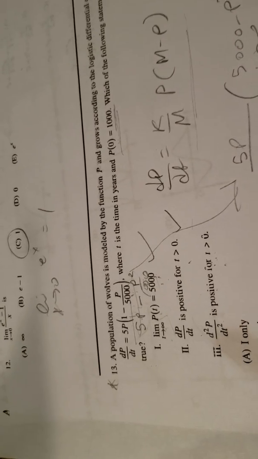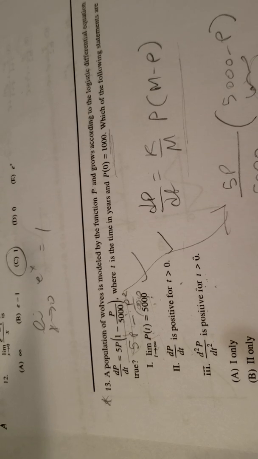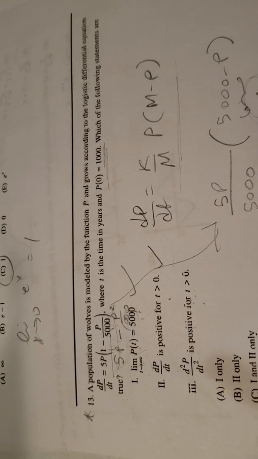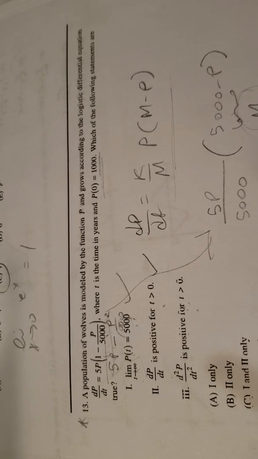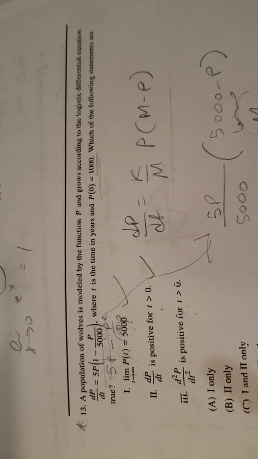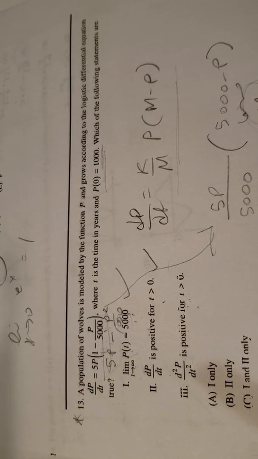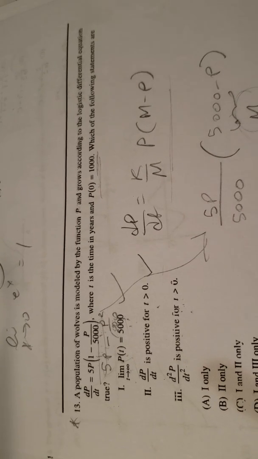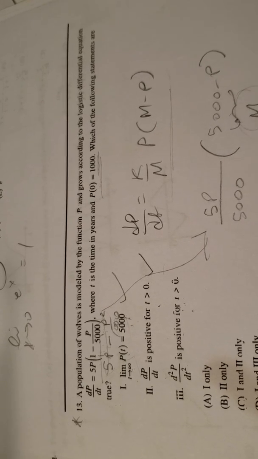So the derivative there, so it's 5P prime minus 2P P prime over 1,000. So P prime, this is just 5 minus P over 500.